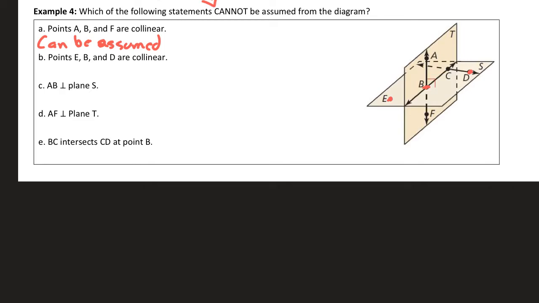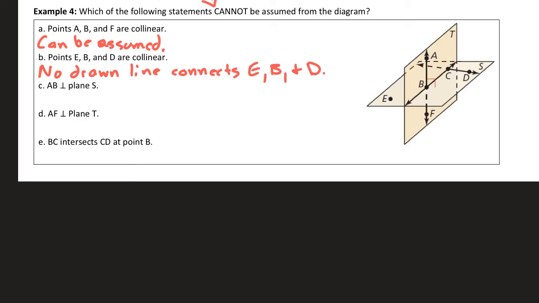I would say no drawn line connects E, B, and D. So I can't assume that they're part of the same line. It's being literal, you know? Unless it's marked, unless it's shown and drawn, we can't assume that.